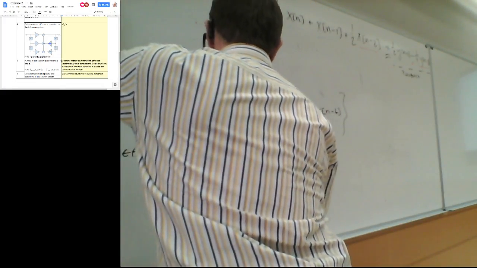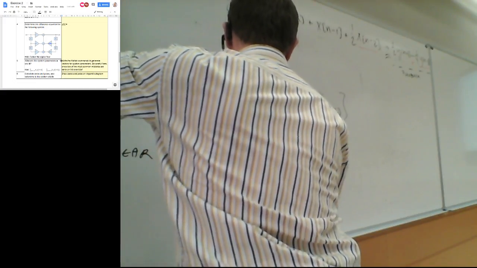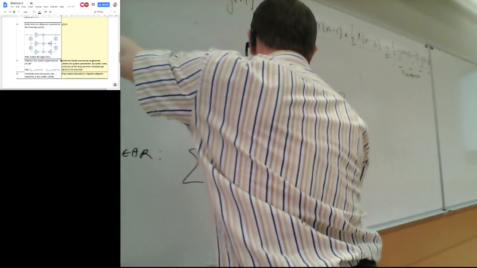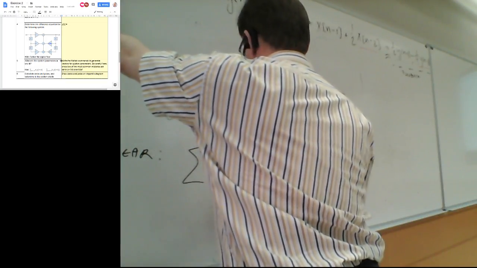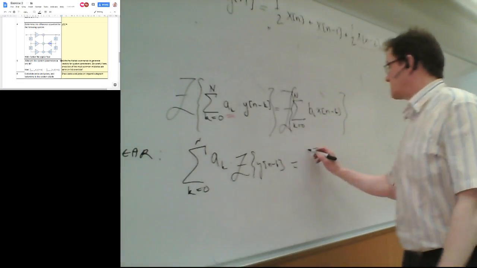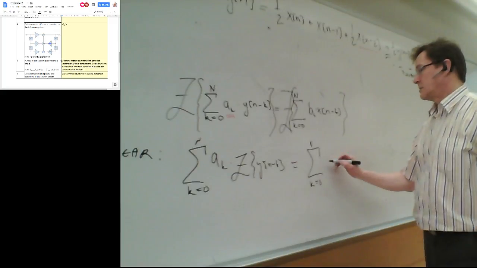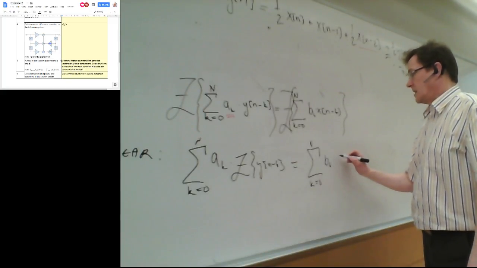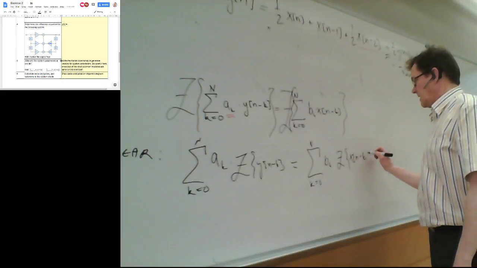So this is the same as the sum of a_k times the Z transform of y of n minus k, equals the sum for k from 0 to n of b_k times the Z transform of x of n minus k.